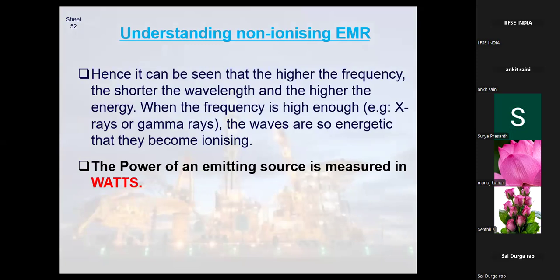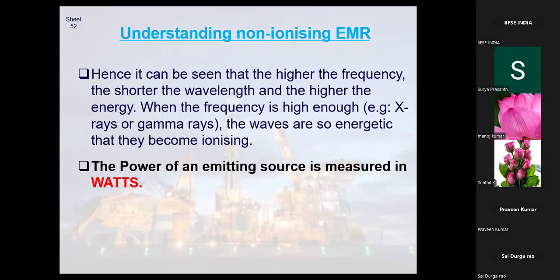In ionizing radiation, which one is more damaging, the gamma, alpha, or beta? Which rays are more damaging? Gamma rays. Yes, gamma rays are more damaging because they have a lesser wavelength and a higher frequency.